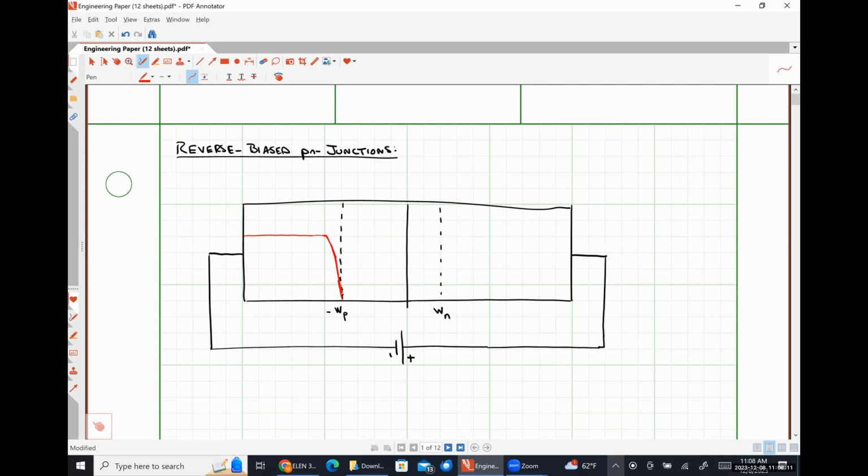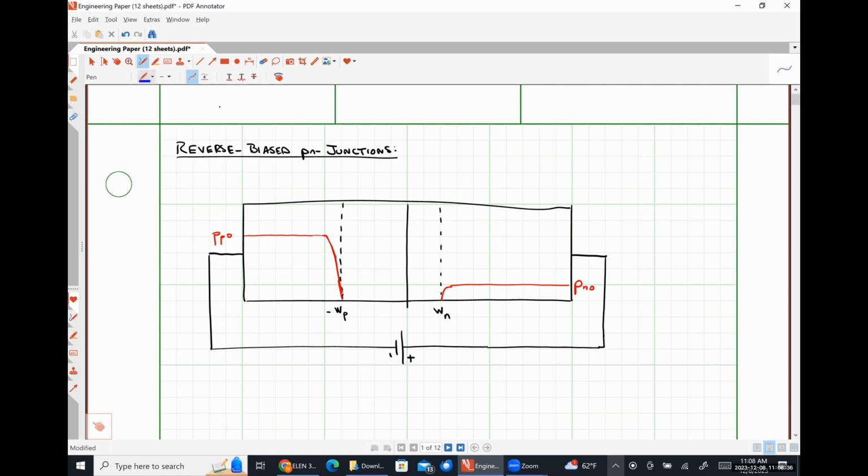And we're going to see something similar to that for holes on the opposite side of the crystal. And then if we look, let me write some things down here. So this is the hole concentration on the P side of the crystal at thermal equilibrium. This is the hole concentration on the N side of the crystal at thermal equilibrium.